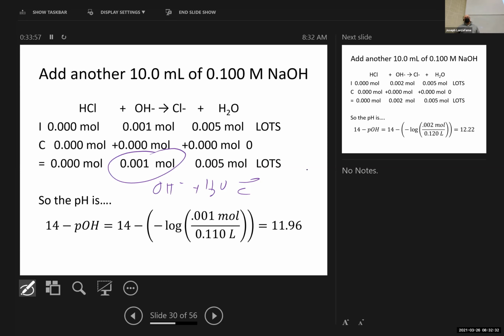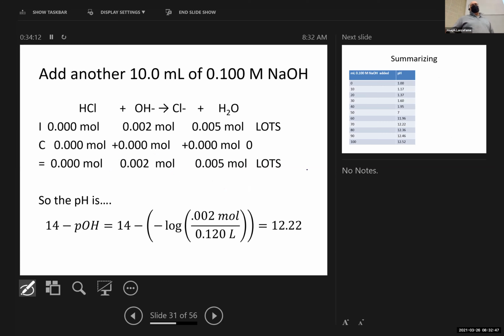And so, hey, look, all of a sudden, I am massively basic. But at this point, once I've got a significant concentration of hydroxide, if I add a little bit of hydroxide, again, I continue to increase the total volume. I'm now increasing the amount of hydroxide. The pH starts gradually creeping up again.